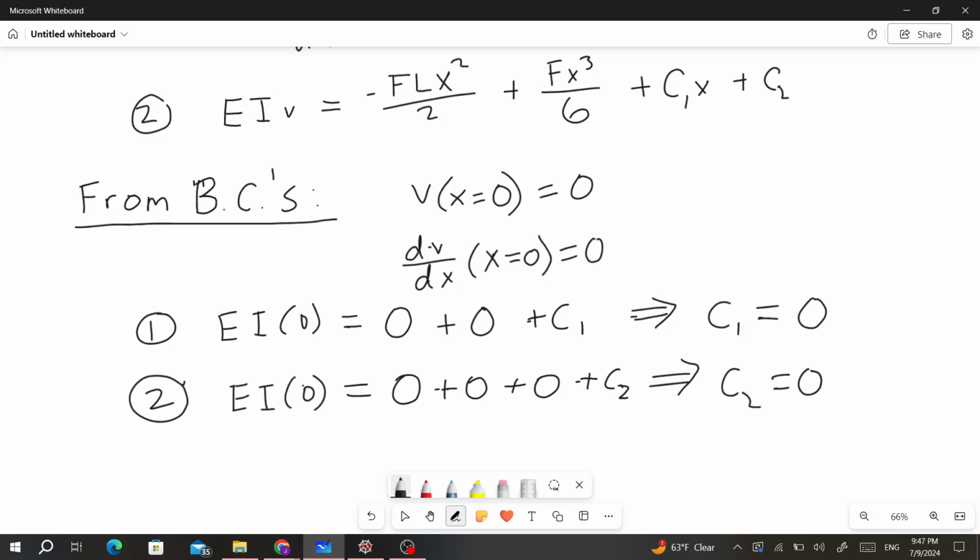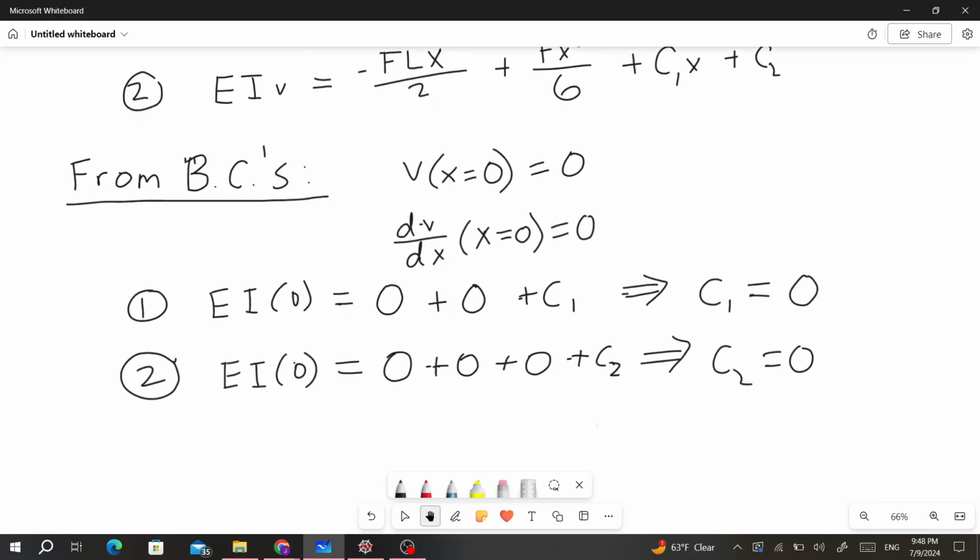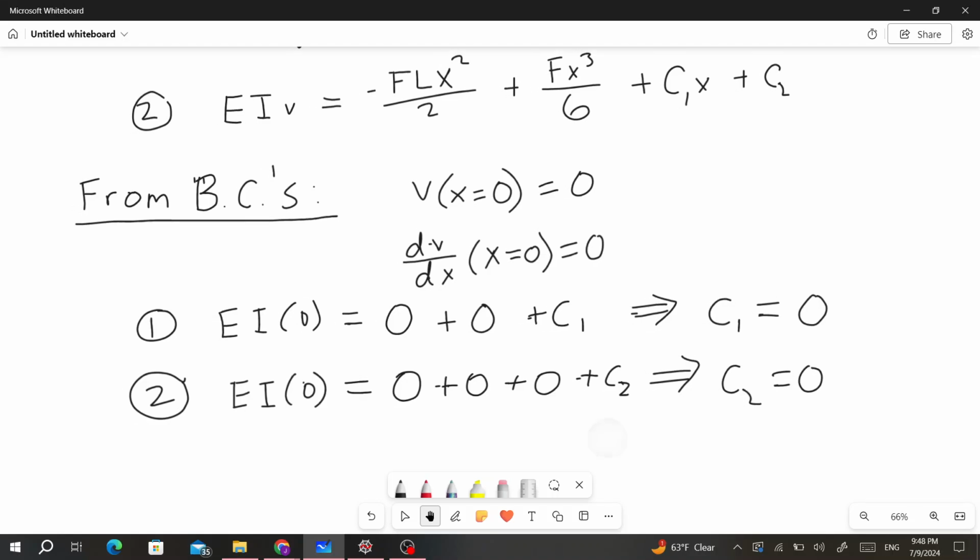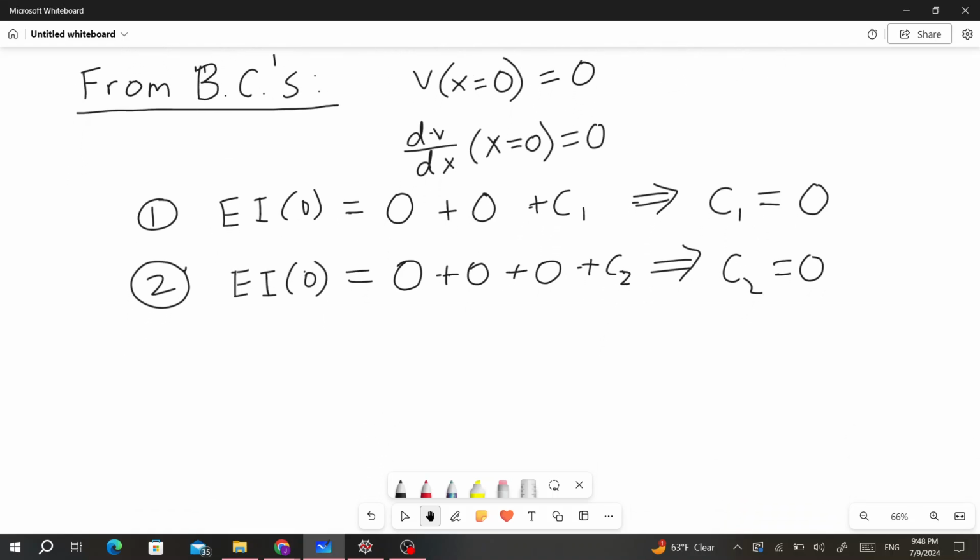We can sub in c1 and c2 into equation 2 and rearrange to write an expression for the deflection v at any point along the beam. Before we rearrange, we'll just write the equation how we had it.